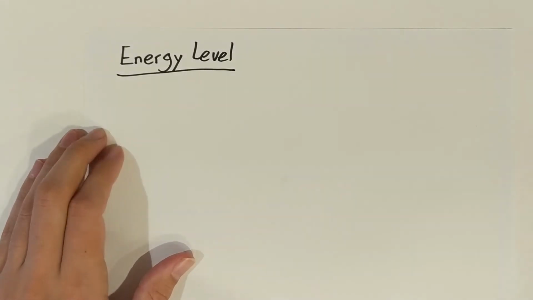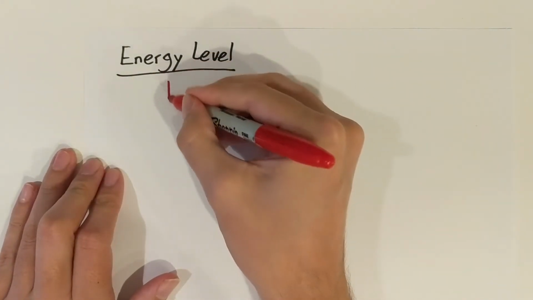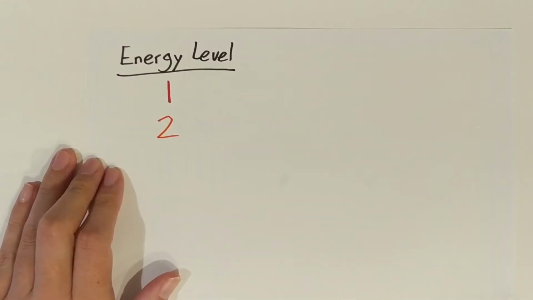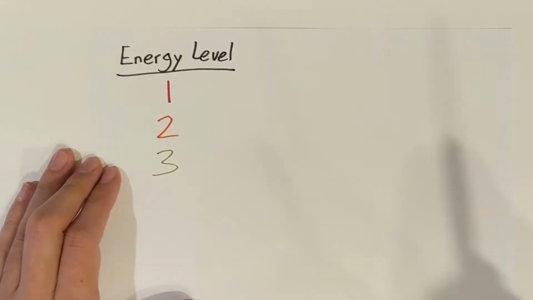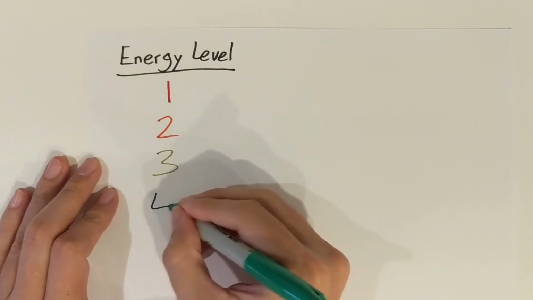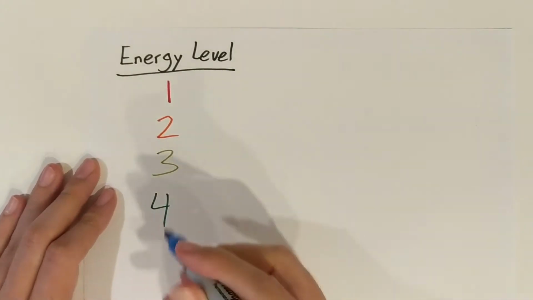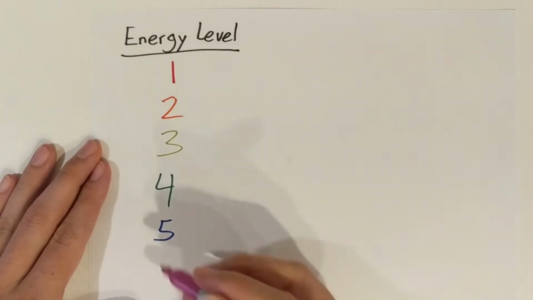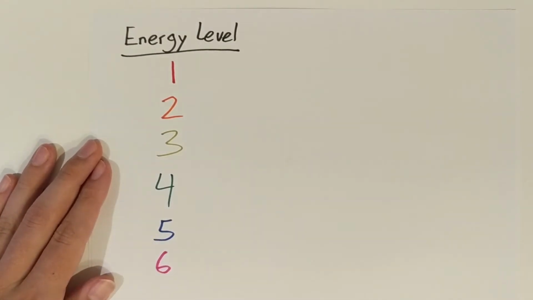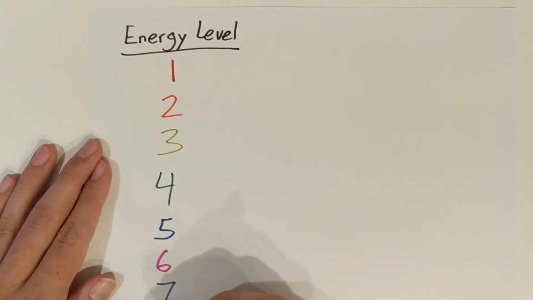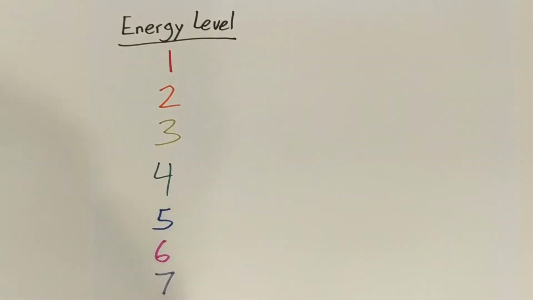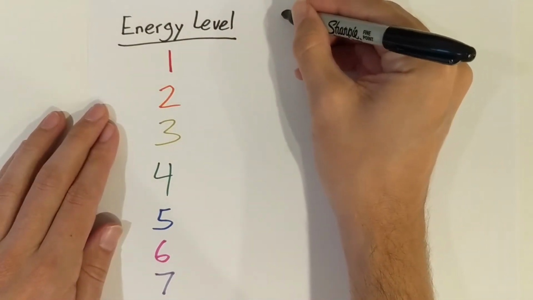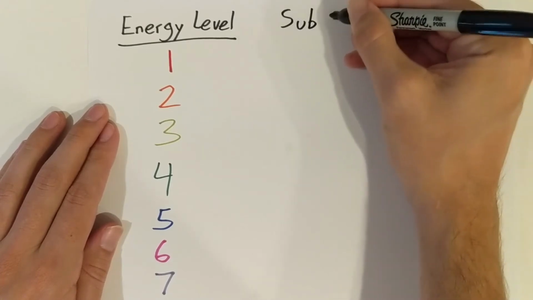And we have 1, 2, 3, 4, 5, 6, and the outside energy level 7. And each of these have one or some sublevels. And the sublevels are given letters.